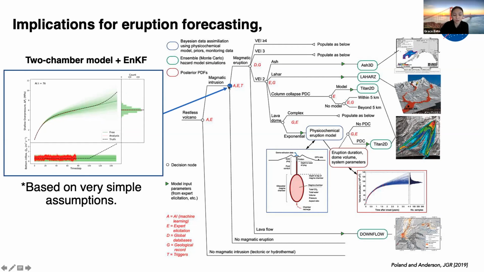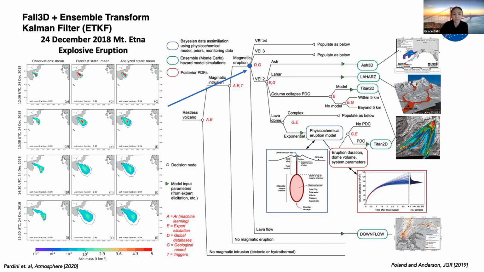This will help us decide whether the unrest could lead to an intrusion or to a magmatic eruption, again, under some threshold criterion value or assumption. Once an eruption has initiated, we can shift to another model, and we can still apply the concept of ensemble-based data assimilation.